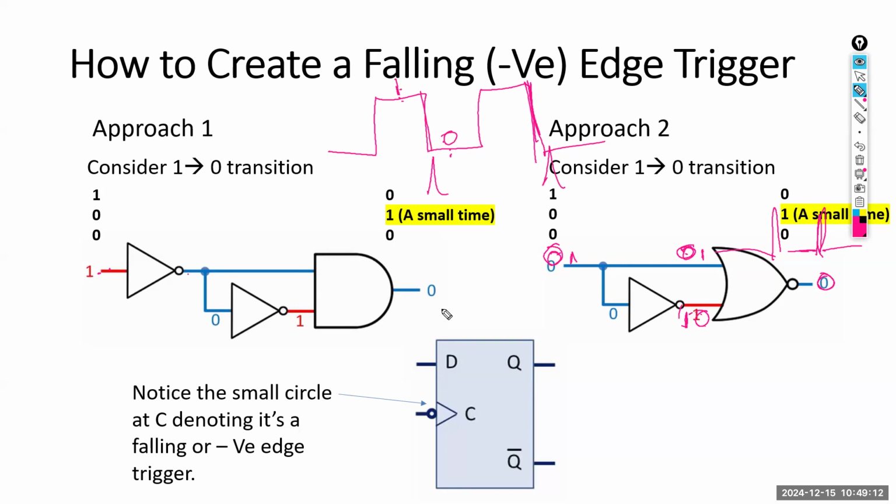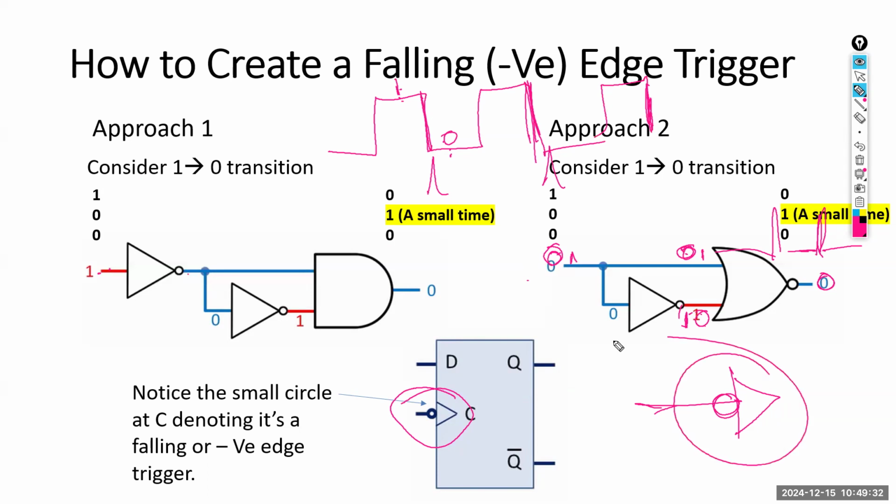And if your spikes are at the falling edge, this is the symbol we use. If it is rising edge, the symbol is this. If it is falling edge, the symbol is this. So this means the triggering is at the falling edges of the clock cycle.